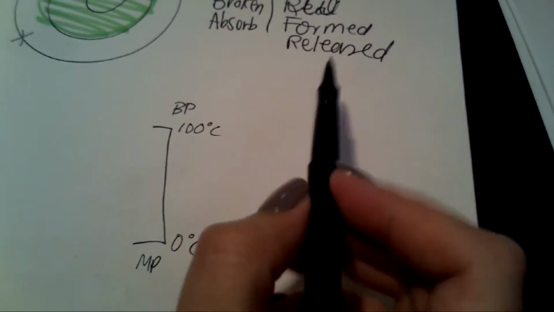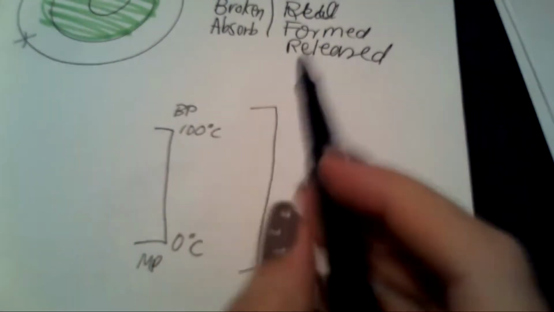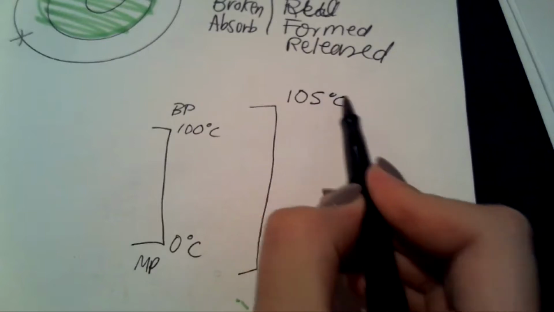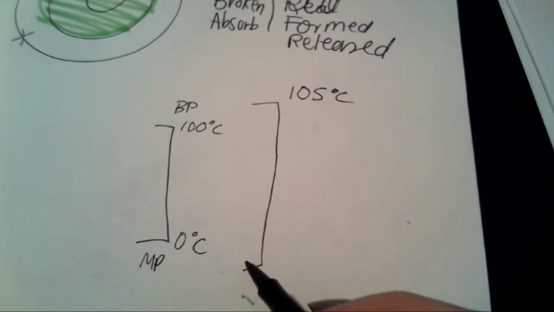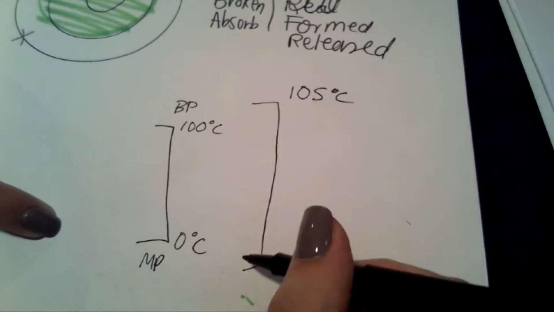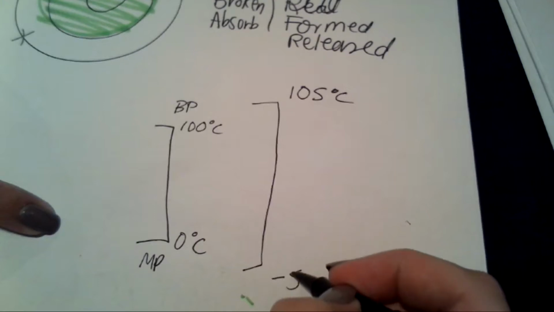Once we start adding salts, the liquid phase is going to expand. It is going to start boiling at higher temperatures. For example, we'll say 105 degrees Celsius, and it is going to start freezing or melting at lower temperatures. So we will say that this is maybe -5 degrees Celsius.